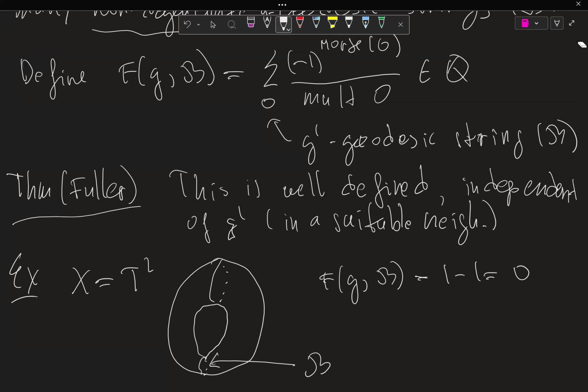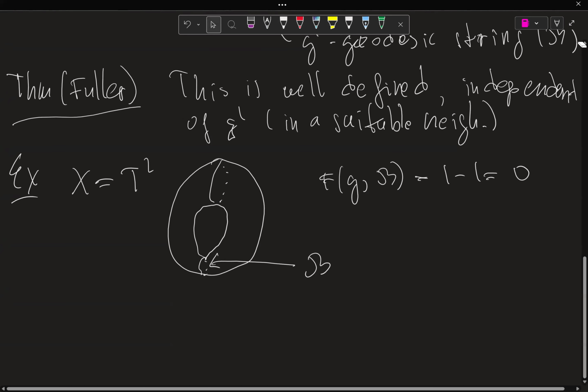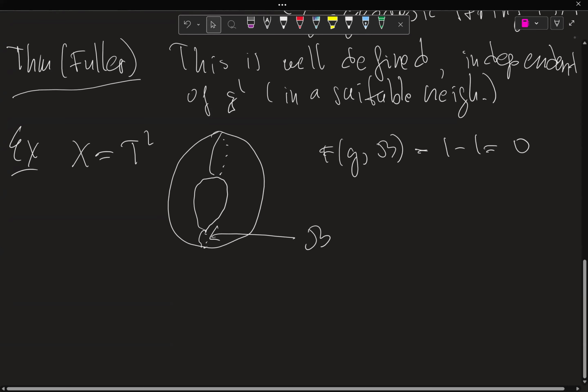This is going to make more sense via the following theorem.